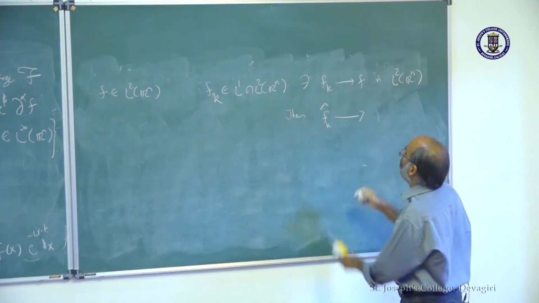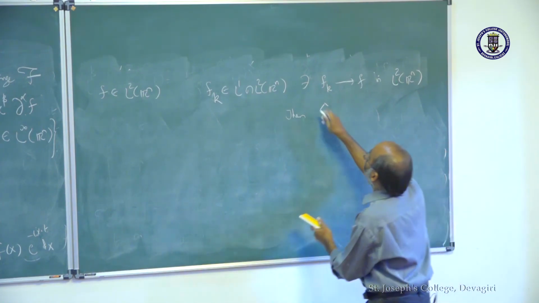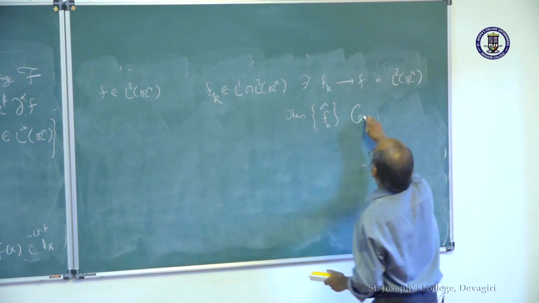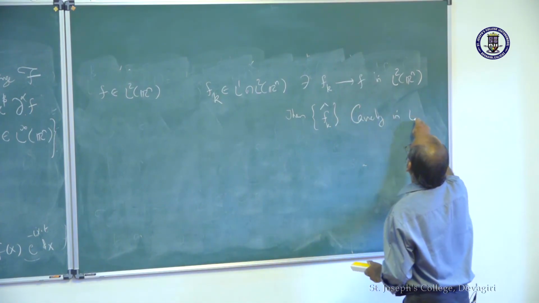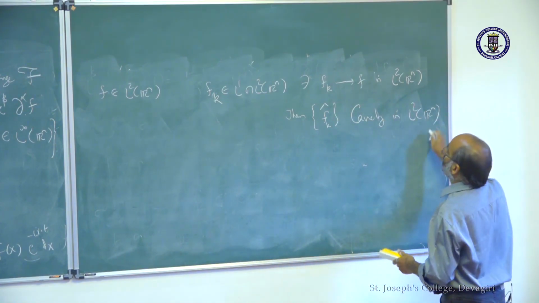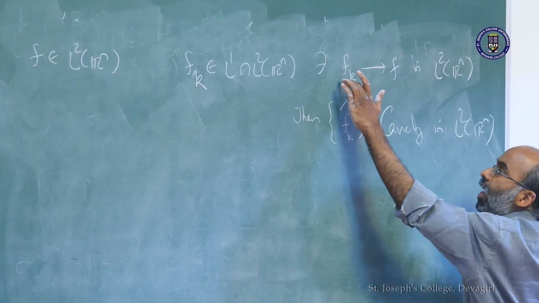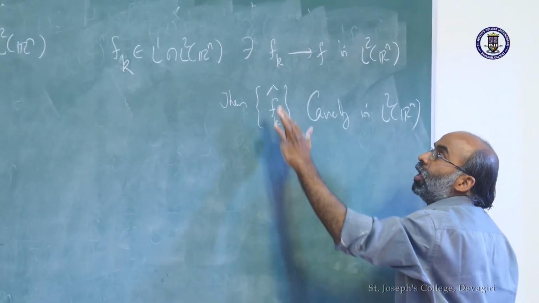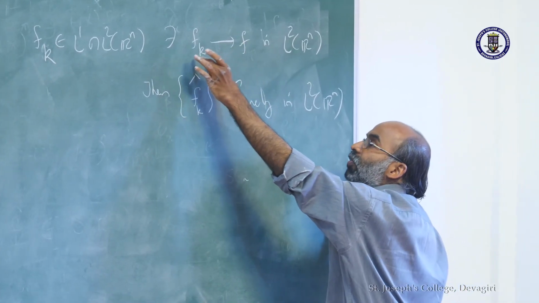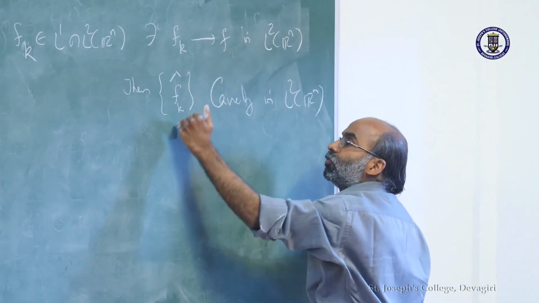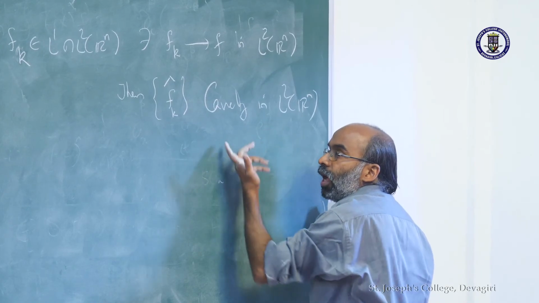So f_k hat will be Cauchy in L2, because it is an isometry. The norm of f_k and the norm of f_k hat are the same. f_k converges to F, so f_k is Cauchy in L2, so its Fourier transform will be Cauchy in L2, and so it will converge.